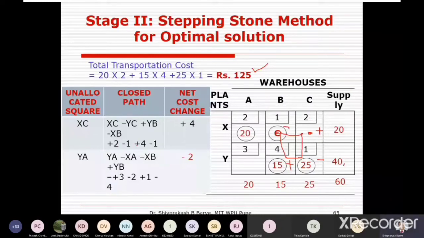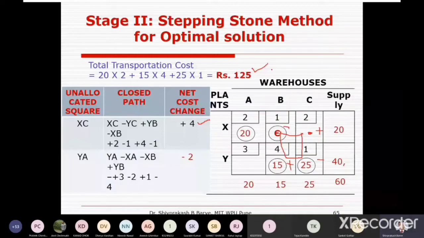So it is 6 minus 2. So I got the first value as plus 4. It gives an indication that if I shift some units here, I cannot improve the solution. Improve the solution means I cannot reduce the transportation cost.